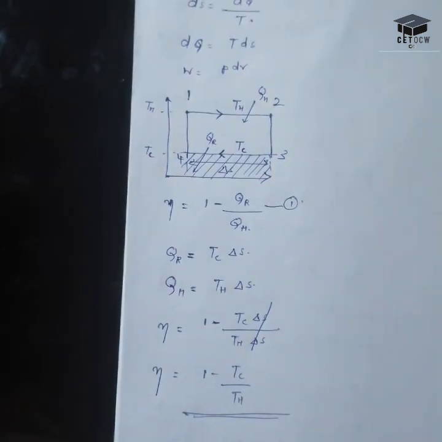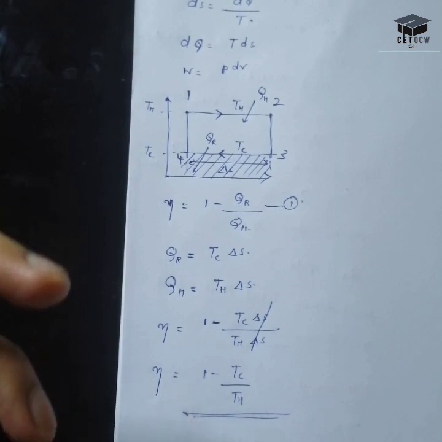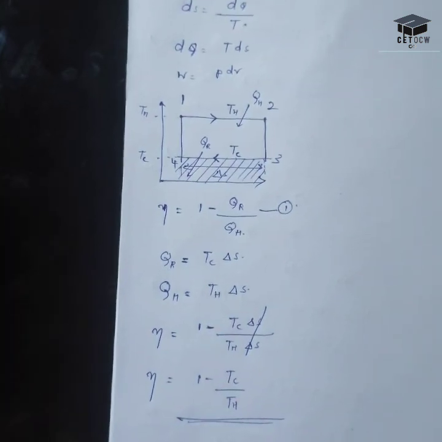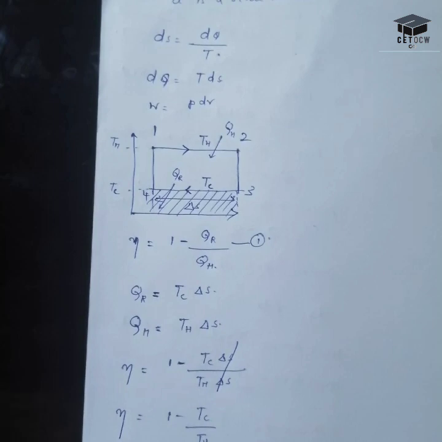But we know the Carnot cycle is basically a hypothetical process, because realization of the Carnot cycle is very difficult. The main reason is that the Carnot cycle consists of basically two processes, an isothermal process as well as an adiabatic process. For the realization of the isothermal process, the process must be done very slowly.